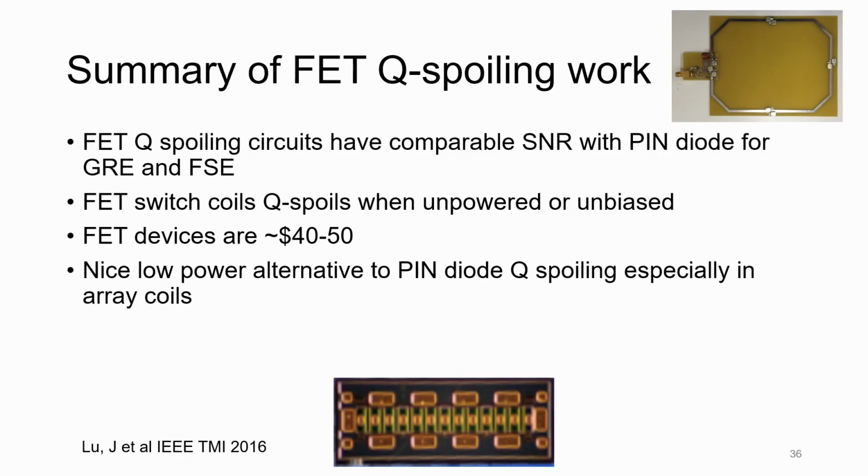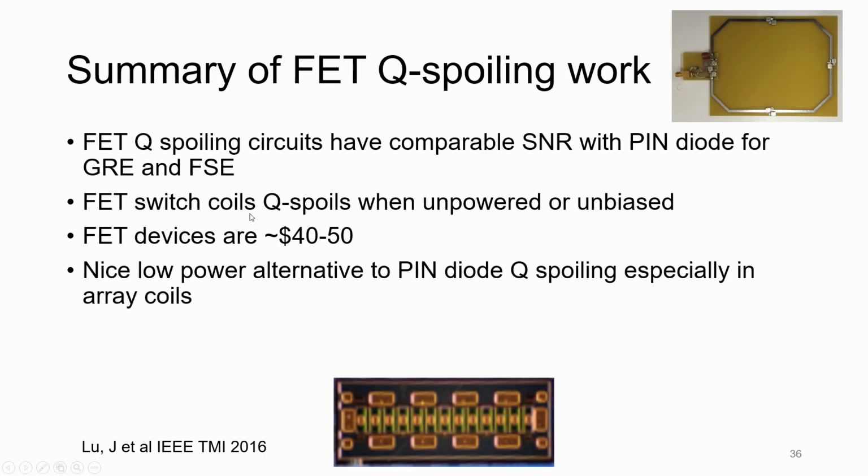So just a quick summary of our FET-based Q-spoiling work. We have seen from our results that the FET Q-spoiling circuits have comparable SNR with the pin diode-based Q-spoiling coils for both GRE and FSE pulse sequences, which is great.